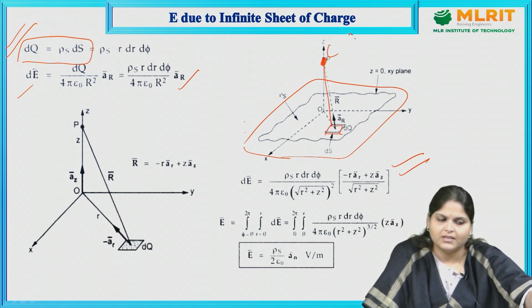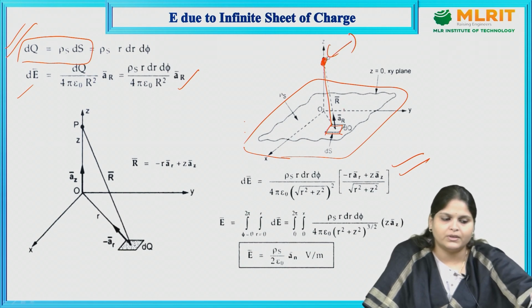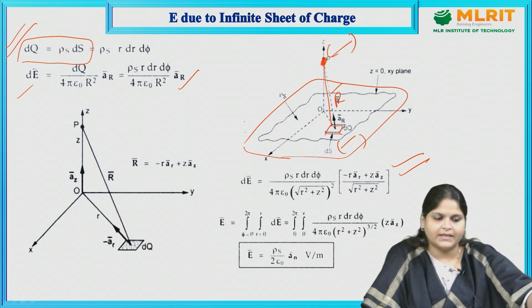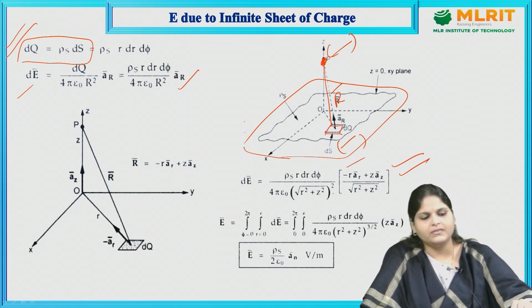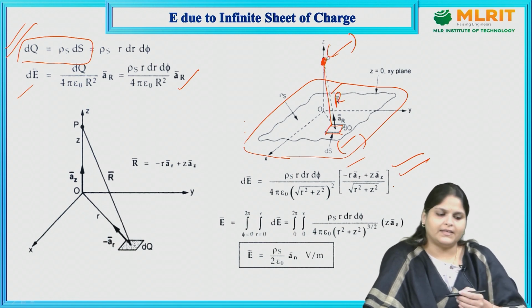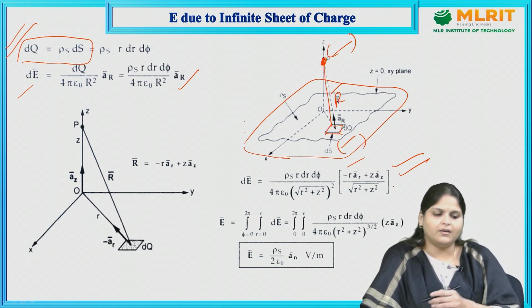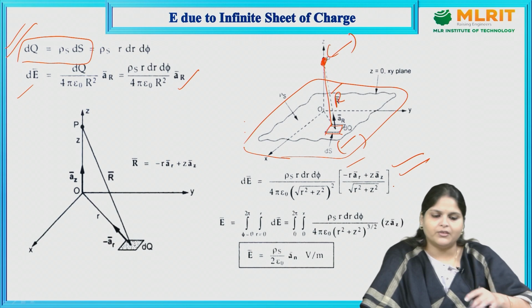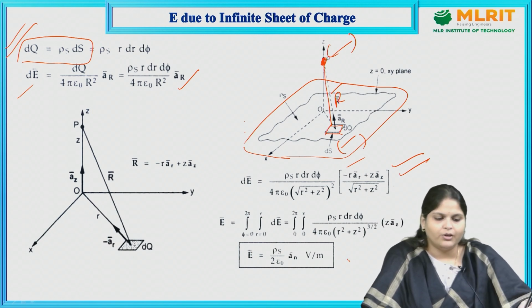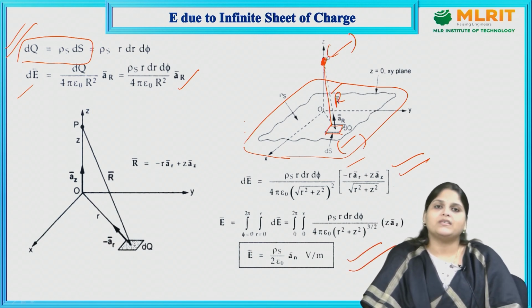Same as the previous derivation, we need to consider the coordinates here. We need to find the value of aR, which we get as minus r aρ plus z az divided by under root of r square plus z square. We need to put it in this formula. When we simplify after putting everything, we get rho s upon 2 epsilon naught aN.